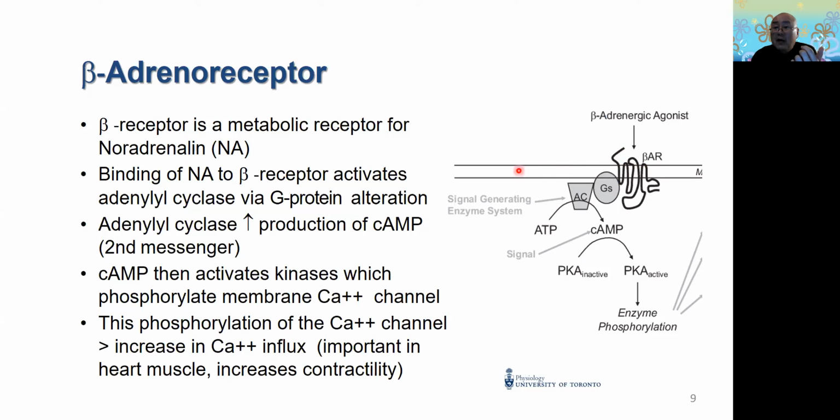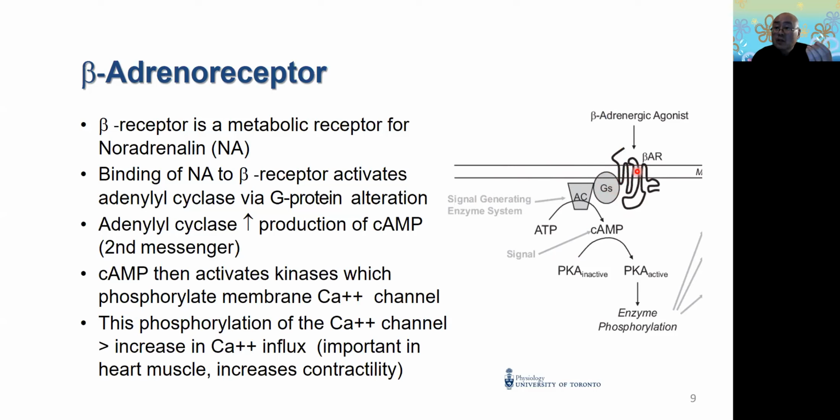The phospholipid bilayer denoted by these two different lines, and we would see that we have a classic 7 transmembrane domains. So here's one domain, number 2, number 3, 4, 5, 6, and then 7. So 7 different segments through the membrane. And then it's usually coupled with the G protein. In this case, it is a G protein called Gs.